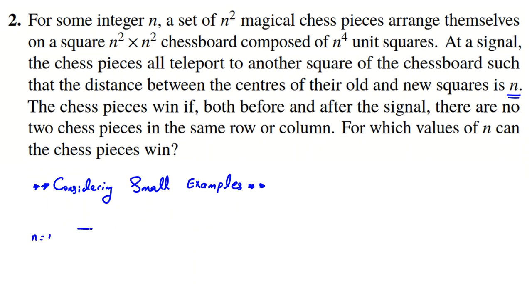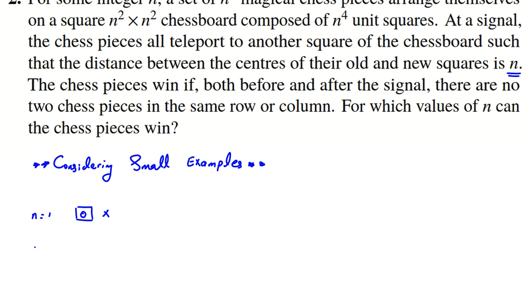Is it possible? It is 1 by 1. We have one chess piece. If we want to move it, the distance between the centers of its old and new square is n, which is 1. It's not possible because we cannot move it.